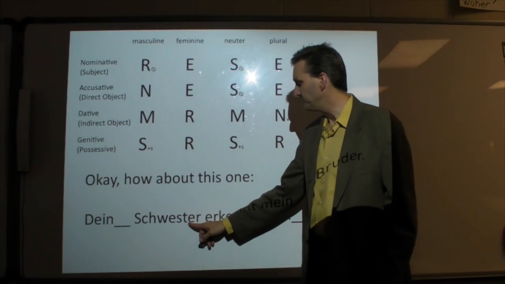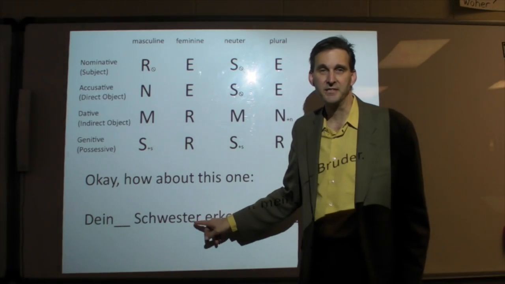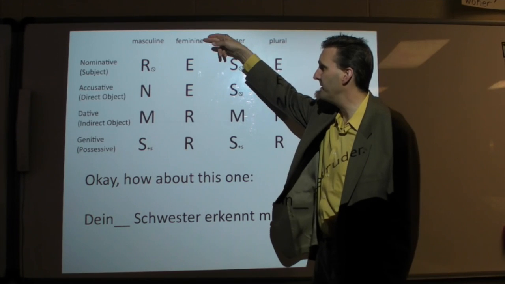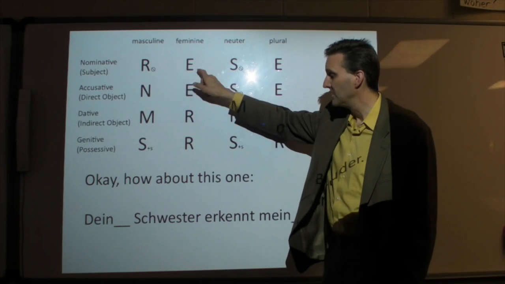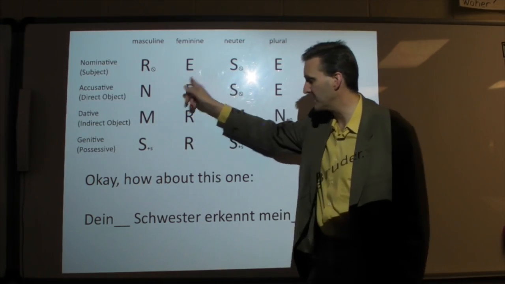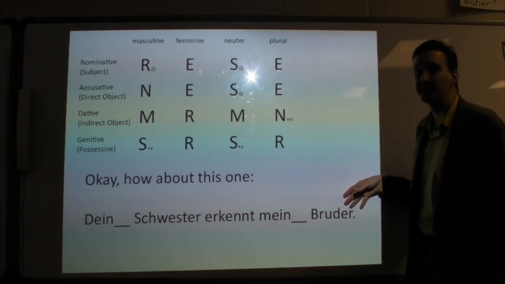Okay, Schwester. Schwester, even though it ends with ER, and that's often masculine, we know that Schwester is feminine, that's obvious, it's a female. So, feminine, and it's the subject. There's no orphan sign, so no matter what it is, der word, ein word, we keep the E at all times. So, deine Schwester erkennt, oh, here's Bruder.